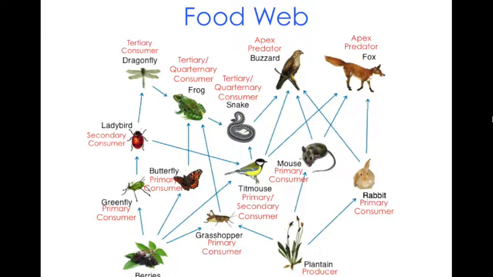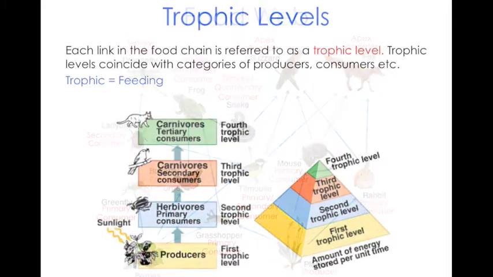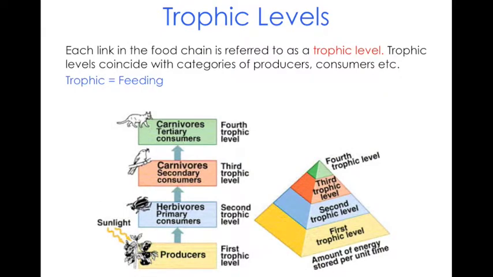This isn't the only way we classify different organisms as consumers or producers and so forth. There is also another way that we can do it, and we call them trophic levels. Trophic levels simply means feeding level, where trophic means feeding, and each trophic level is basically equivalent to the producers and consumers in the ladder.